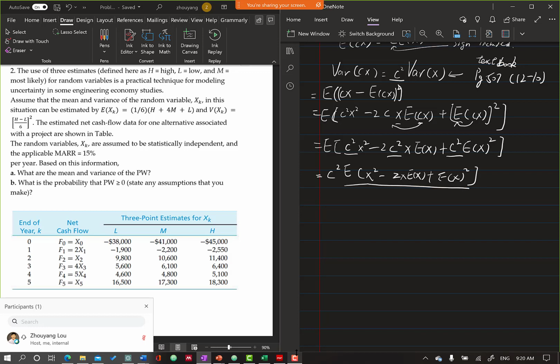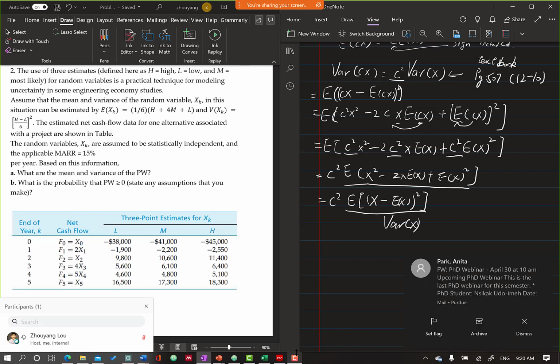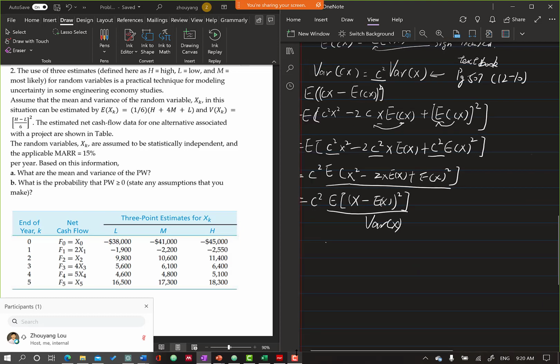This is exactly the variance; let me write out the expression: the expectation of x minus E[x], squared, which is just the definition of the variance of x. So that's why we are getting this expression.